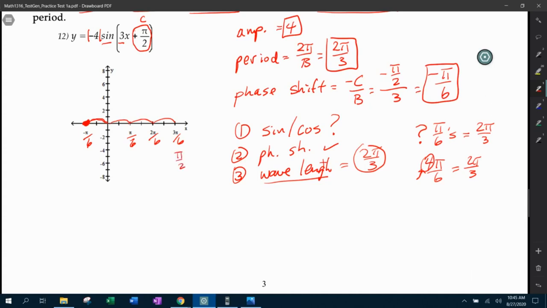We're going to end at pi over 2. And 2 pi over 6 reduces to pi thirds, just so you know that. So we're going to end here. This is our starting point. This is our end point. This represents a total distance of 2 pi over 3.